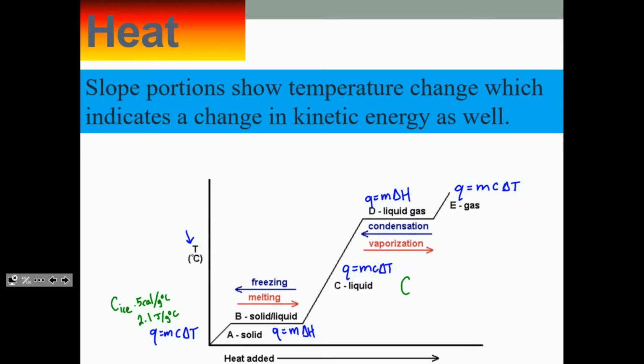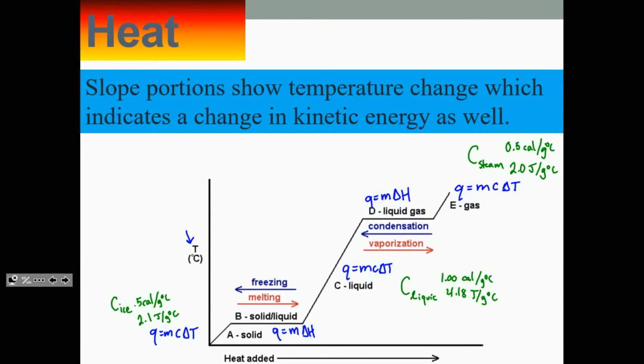The specific heat of liquid water is 1.00 cal per gram Celsius, or 4.18 joules per gram Celsius. And then the specific heat for steam is 0.5 calories per gram Celsius, or 2.0 joules per gram Celsius.